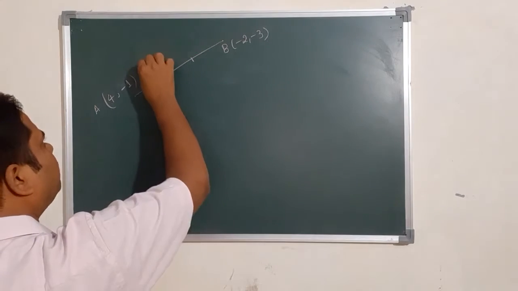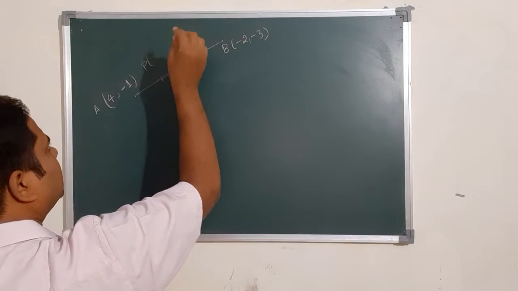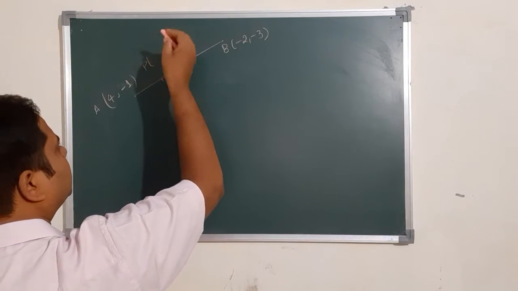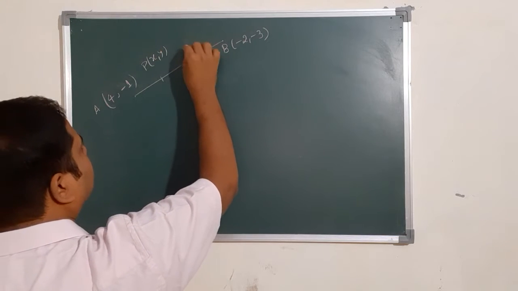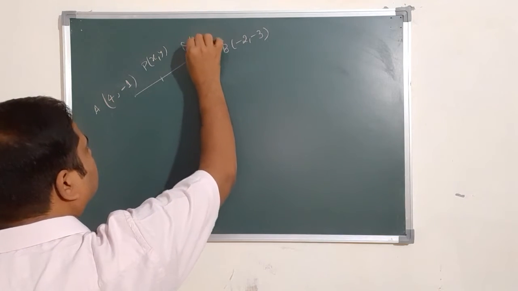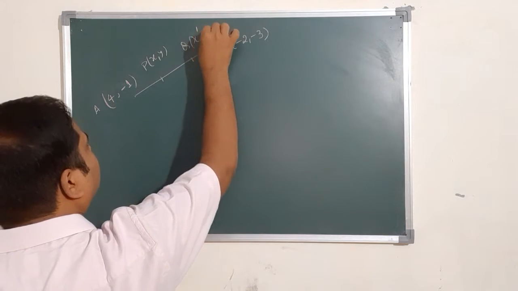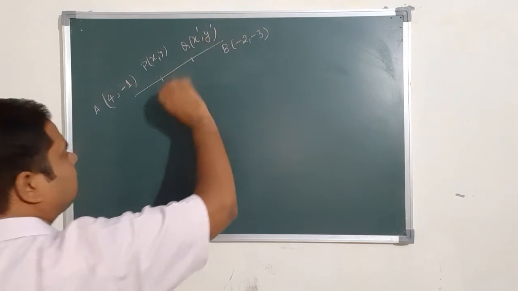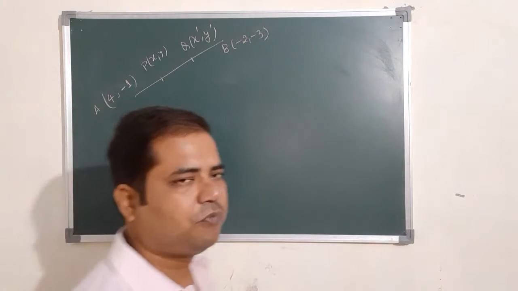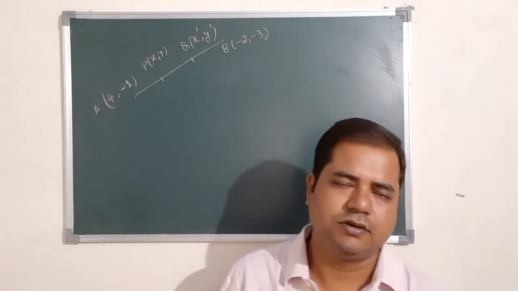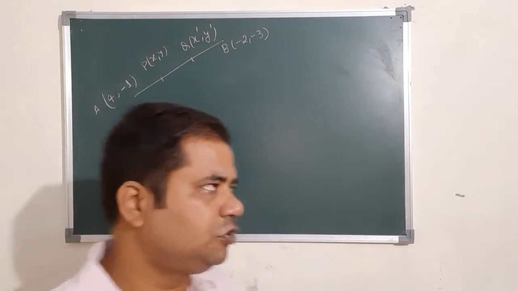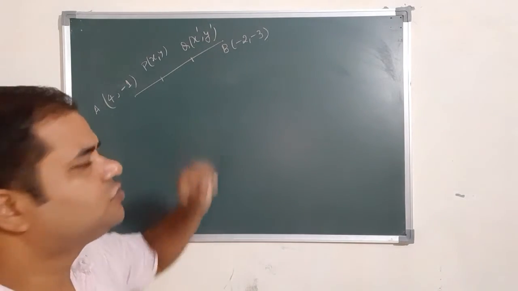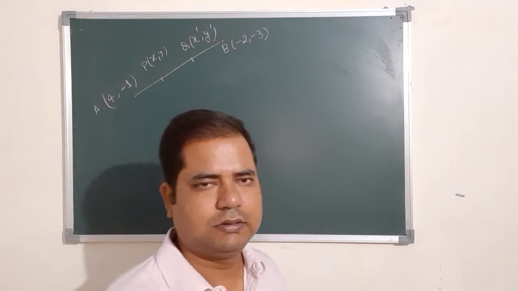So suppose this is P, supposed to be (x, y), and this is Q, supposed to be (x', y'). So what is the meaning of trisection? That should be divided in 3 equal parts.